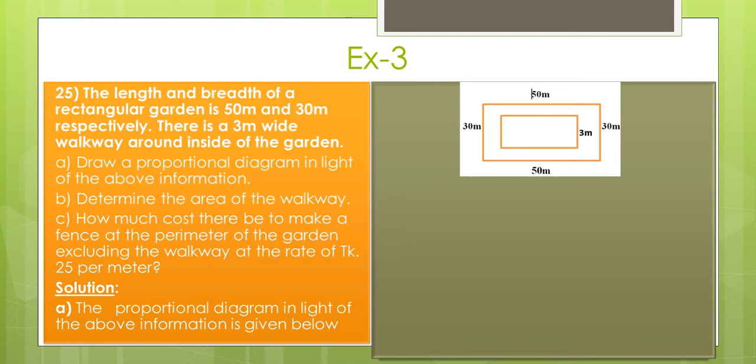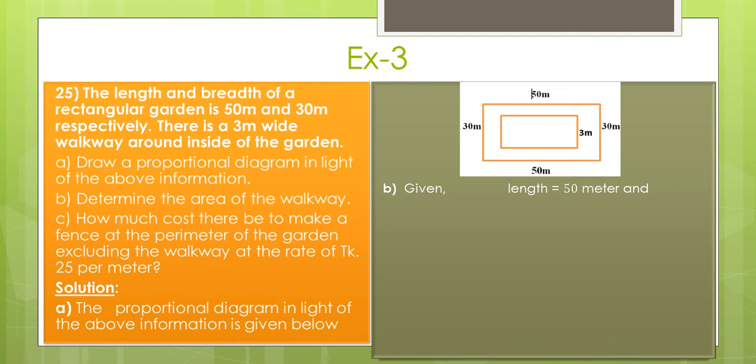Already we solved this same type of question in question number 3. We found the area of the walkway, and in this question we solve again in the same way.